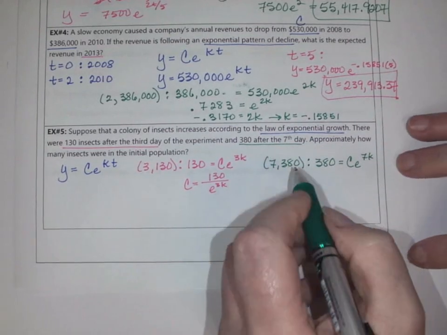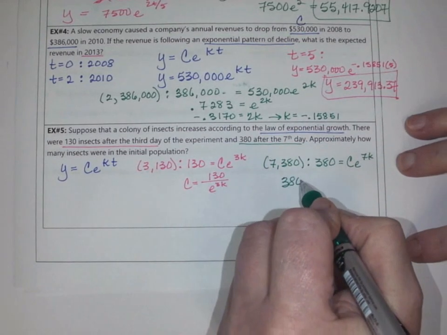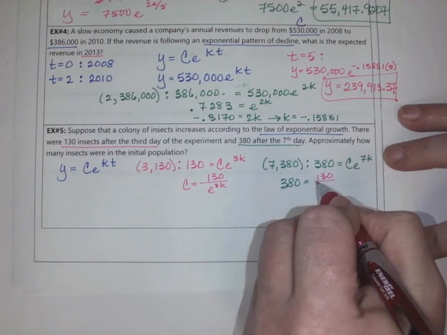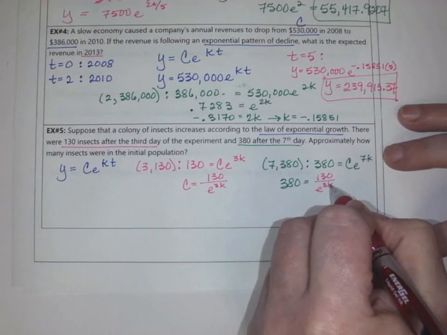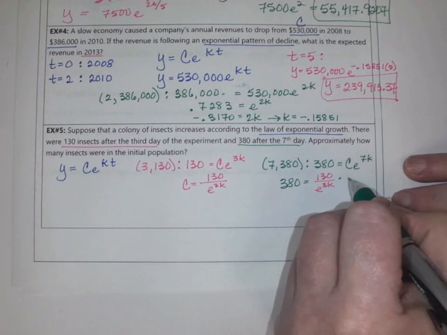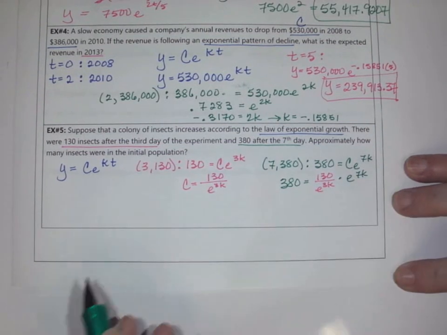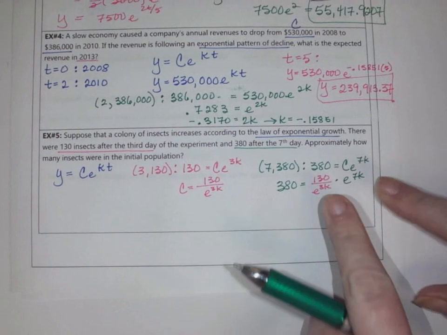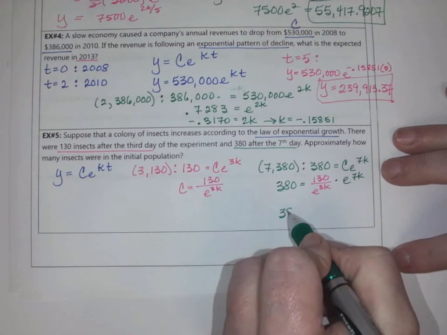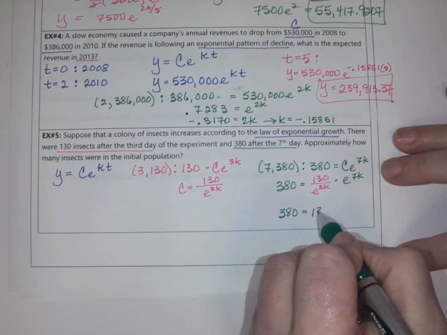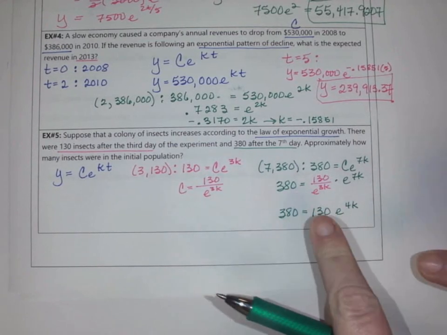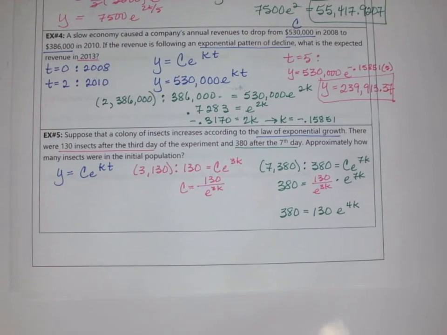So that would give me 380 is equal to 130 over e to the 3k times e to the 7k. So now I can reduce my e's, and so I get 380 is equal to 130 times e to the 4k, because 7k minus 3k is 4k.